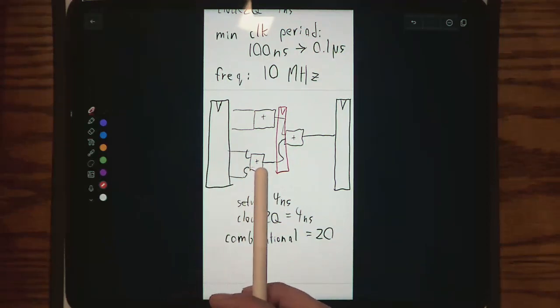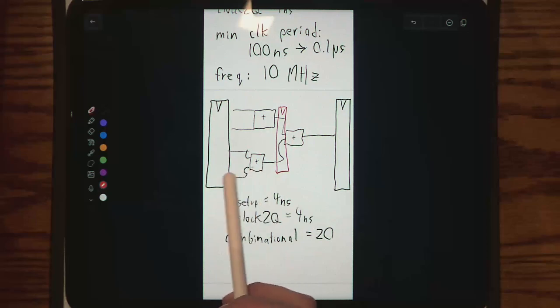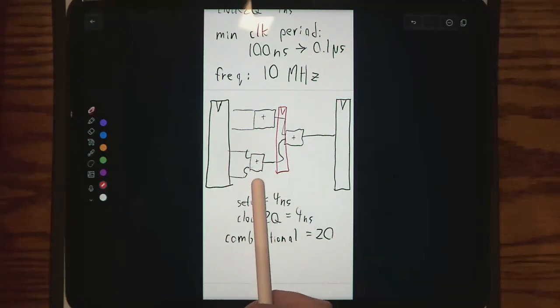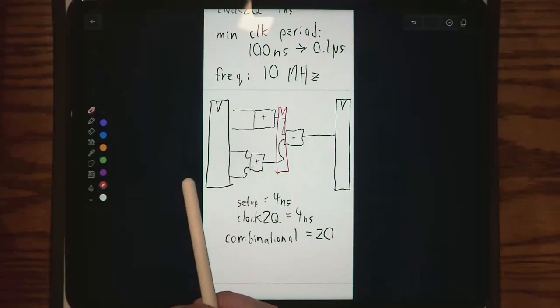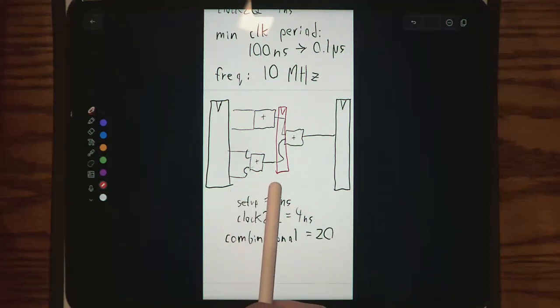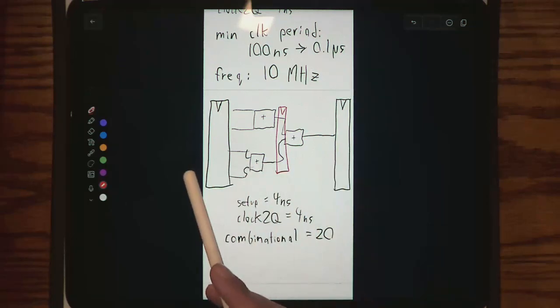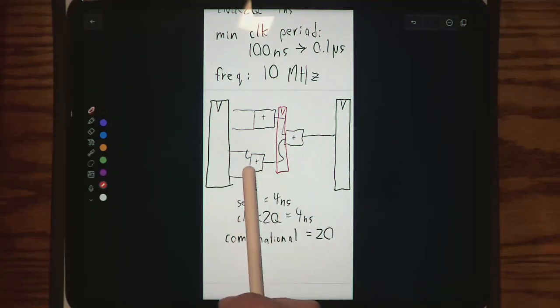So the maximum clock frequency that we can run at and still have things arrive at the next flip-flop is higher, because we've made it so that data can arrive at the next flip-flop faster than before. Before it needed to wait longer, but now it doesn't have to wait as long. So our clock can be faster. It can sample faster.